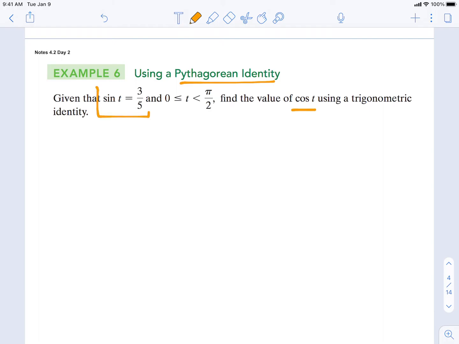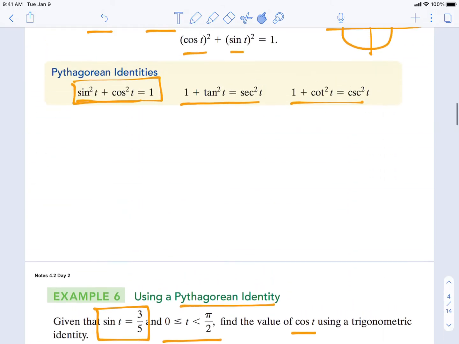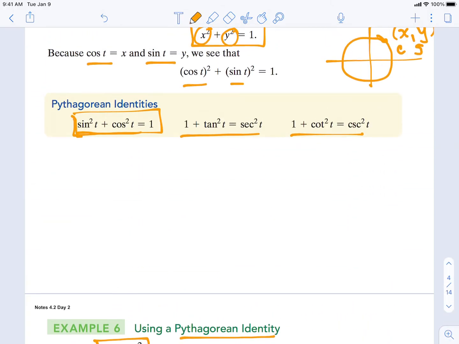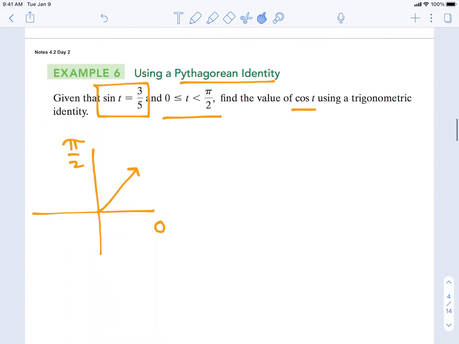So we've been given that the sine of t is 3/5, and the angle falls in the first quadrant. So here is 0 radians. Here's pi over 2. This angle falls somewhere in there. So we're going to use the first Pythagorean identity right here. Let's go ahead and write that down.